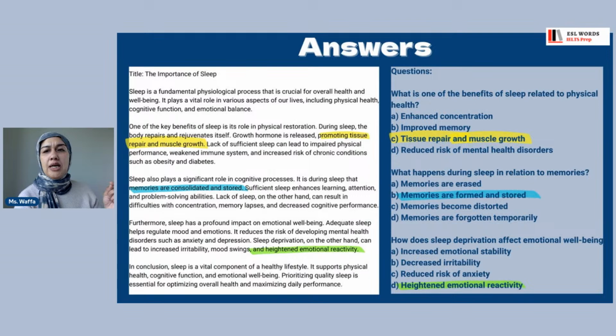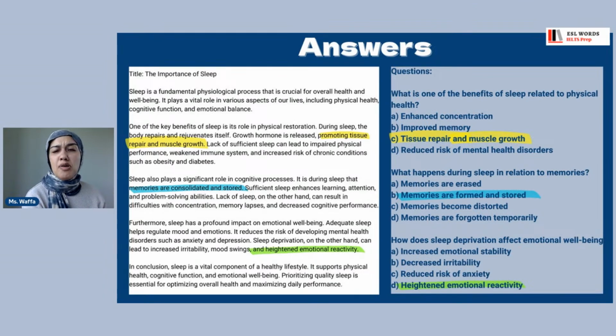So, as you see here, the answer is B because it says memories are formed, and consolidated and stored are synonym words. So, the answer to number two is B. And number three says, how does sleep deprivation affect emotional well being?